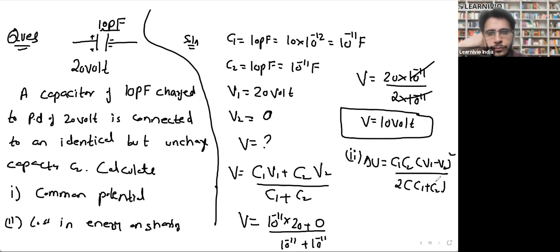Okay. Well, I think you are not doing unit conversion. You're ignoring unit conversion. C1 and C2 are 10 raised to the power minus 11 farad, not 10. Ahmed, Shahzada, Abdullah, Amalia. You just have to substitute the values of C1, C2, V1, V2. That's it.